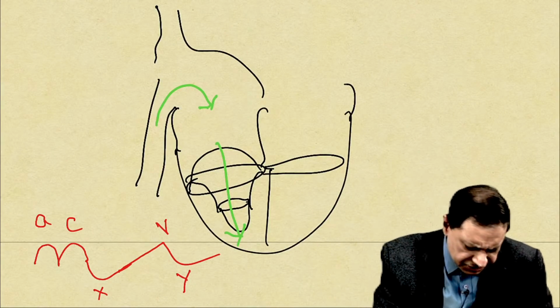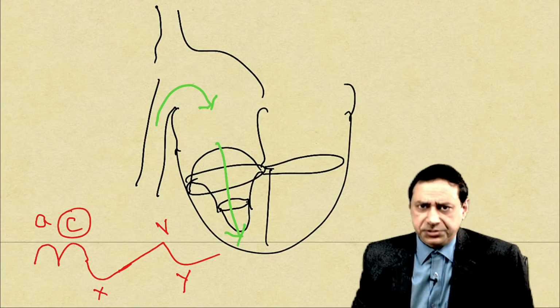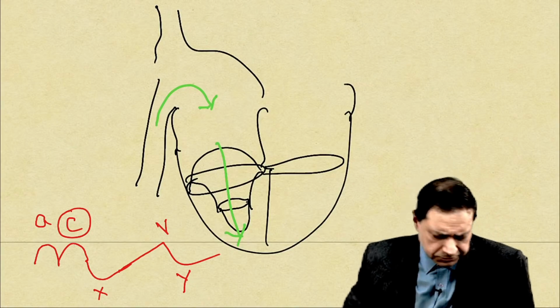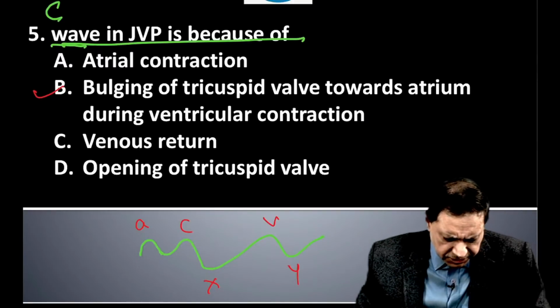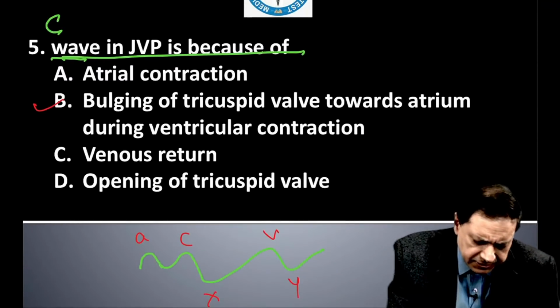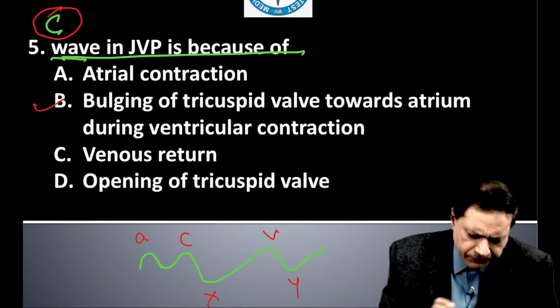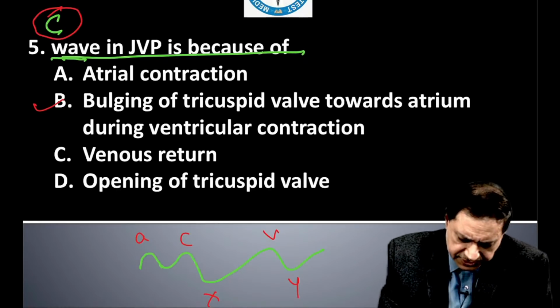So the question here is related to C wave. This question was asked last year also. Students find such type of questions difficult, but just see here, C wave in JVP is because of this thing. This is C wave.